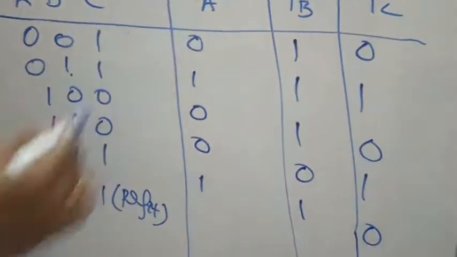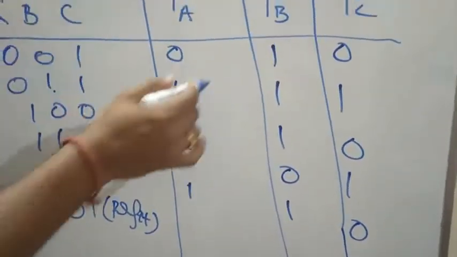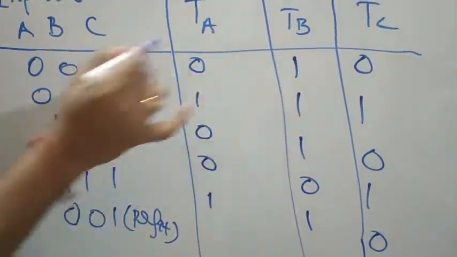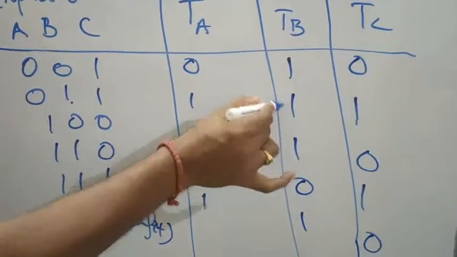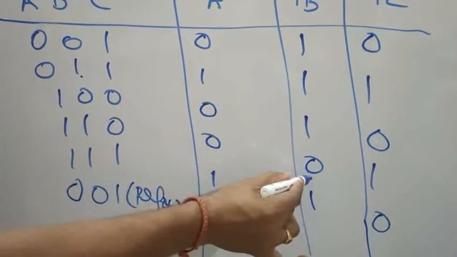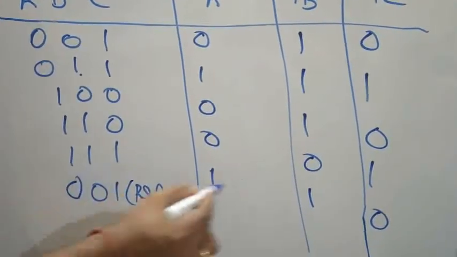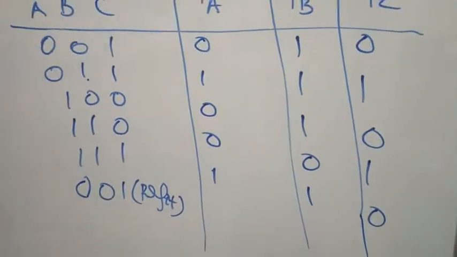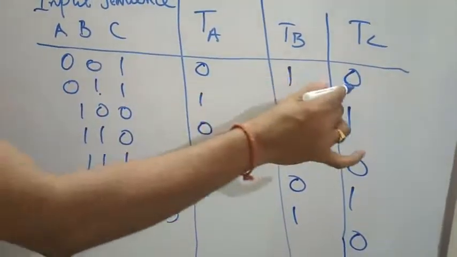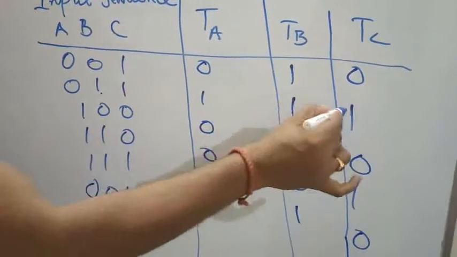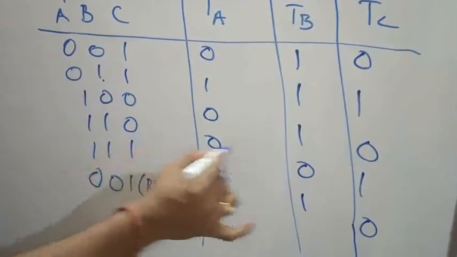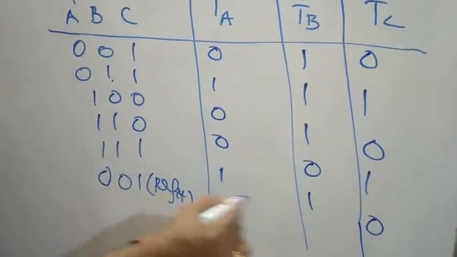Similarly, you have to form the values for TB using the column B: 0 1 1, 1 0 1, 0 1 1, 1 1 0, 1 0 1. Similarly for the last column, C: 1 1 0, 1 0 1 0 0 0 0 1 1 1 1 0.